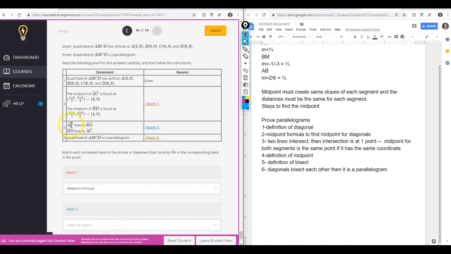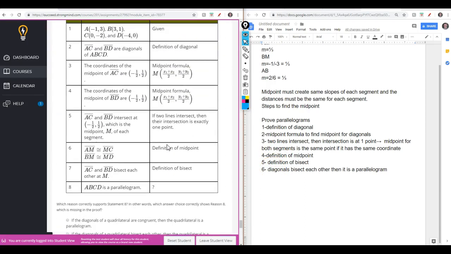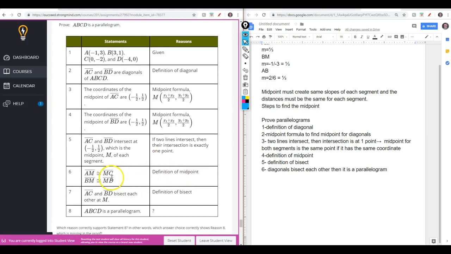Blank 2, segment AC bisects segment BD and segment BD bisects segment AC. Alright, well if I'm looking through my reasoning, I am noticing that mine lists definition of midpoint and then definition of bisect. So I'm going to go back to the original example and look at the statements.